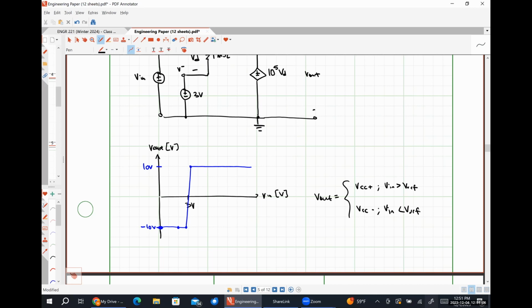If we're very, very close to our reference voltage, and by that I mean within a few microvolts, we might see that our output is actually going to be somewhere here towards the middle, but that's not really where comparators live, right? We are just looking for signal strength.